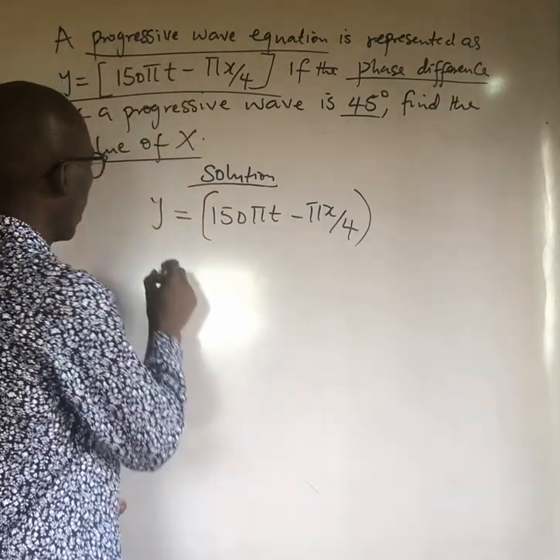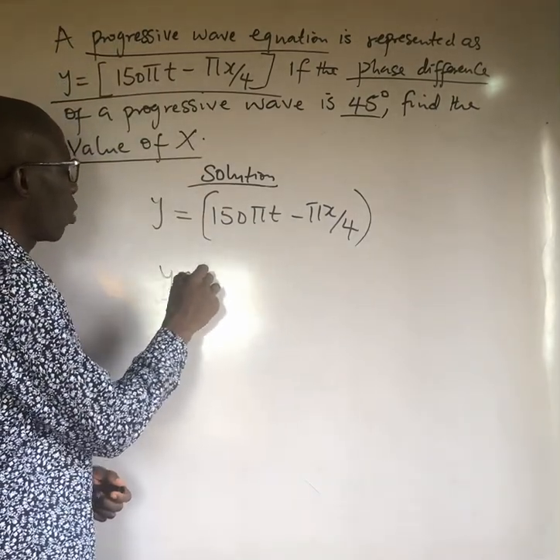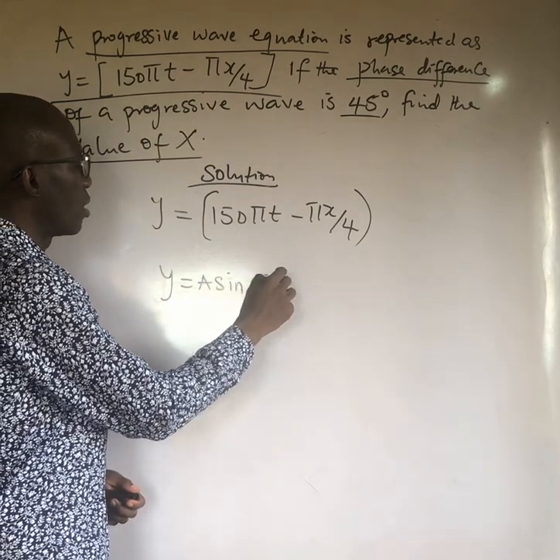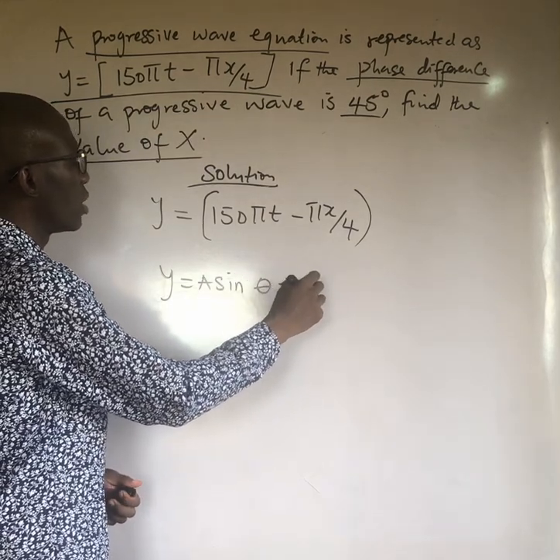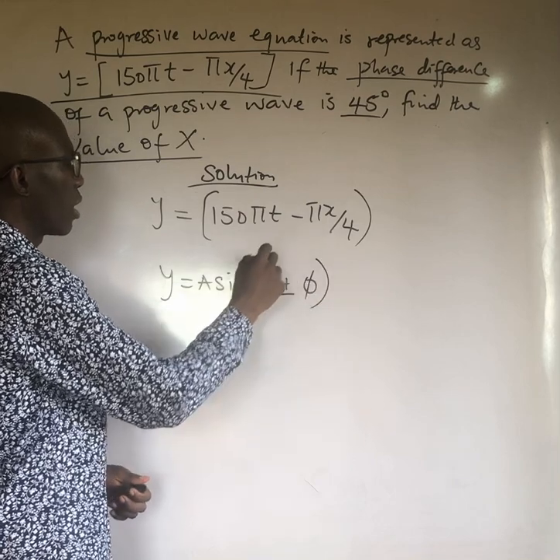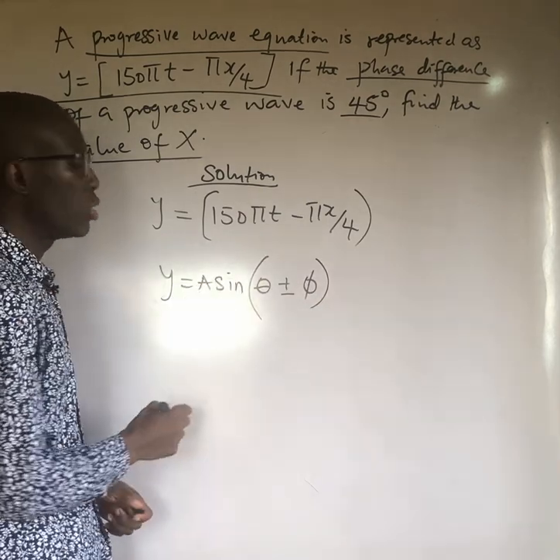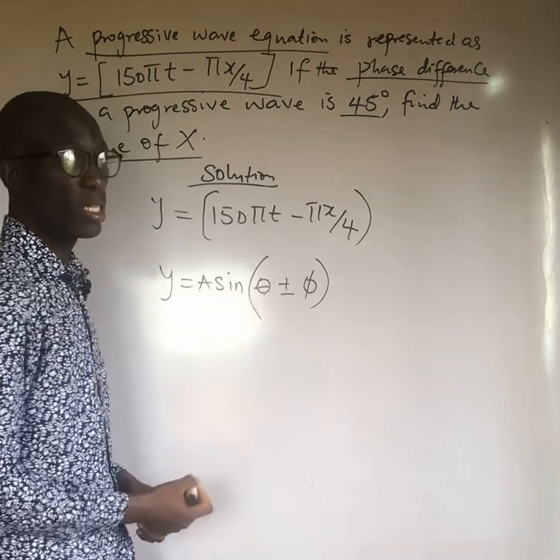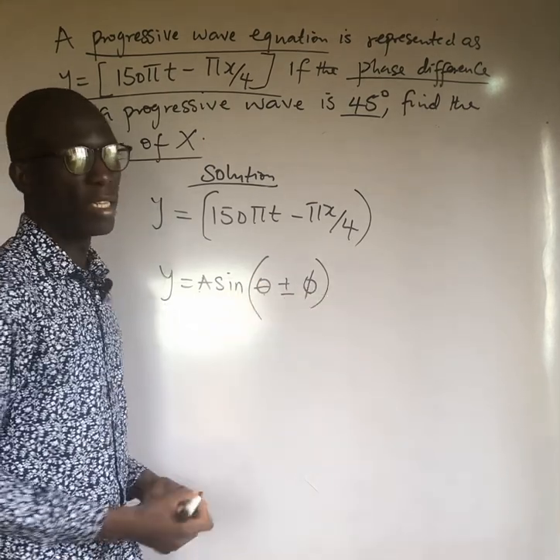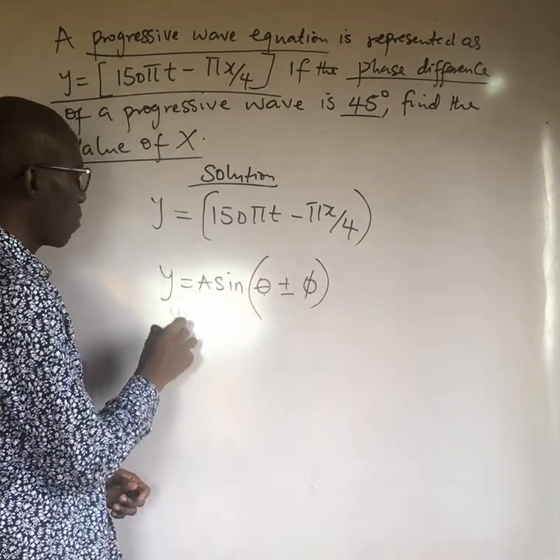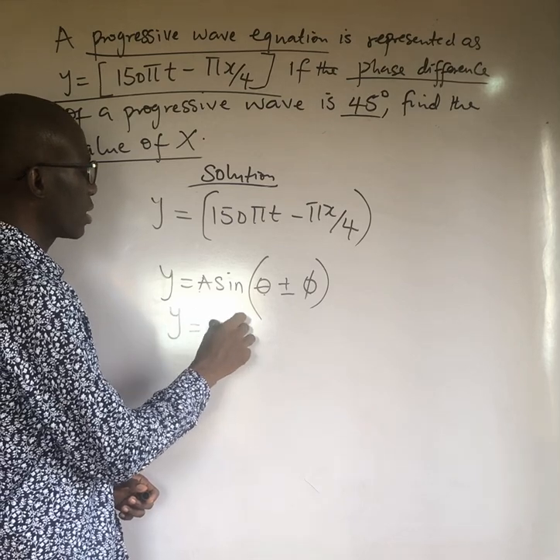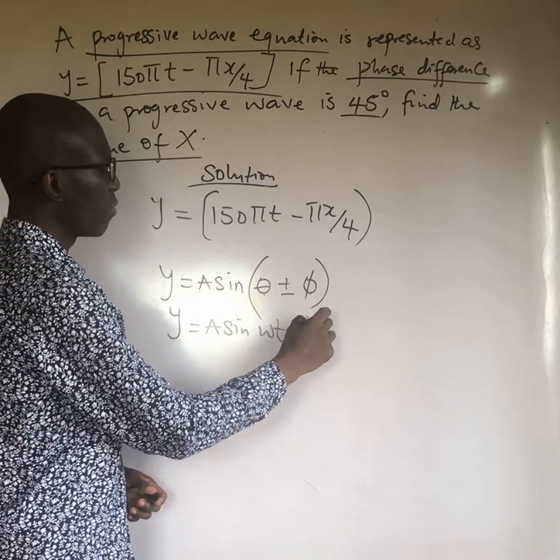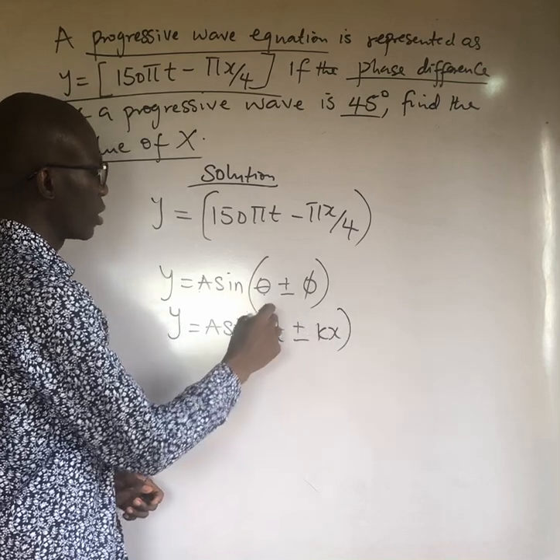All right, so we have the first one, which is y equal to A sine, then theta plus or minus phi. Now, this is your amplitude, this is your sine, this is your angular displacement, and this is your phase difference. Then we also have y equal to A sine, wt plus or minus kx.